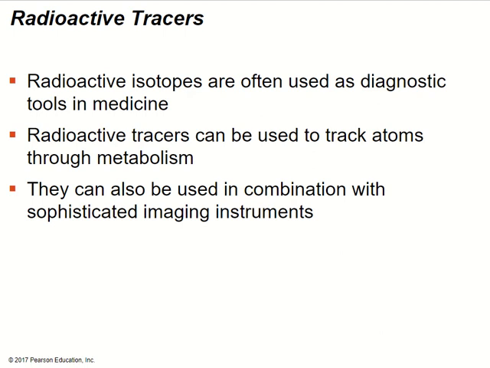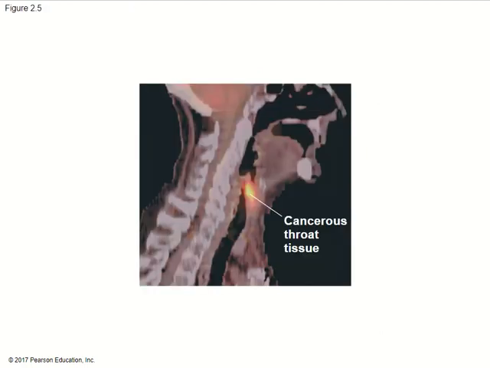They can also be used in combination with sophisticated imaging instruments, such as whenever you use a contrast agent in MRI, CAT scans, PET scans. Those are usually radioactive material, but lightly radioactive so as not to cause harm to the individual.